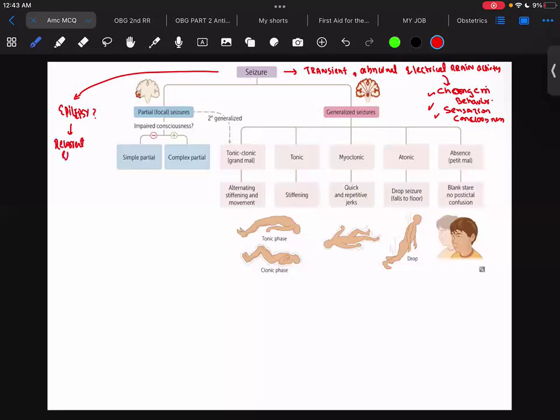As per the guidelines, any patient who is having at least two unprovoked seizures is what we call epilepsy. Okay, this is what we call epilepsy. Then we have another definition, that is status epilepticus.